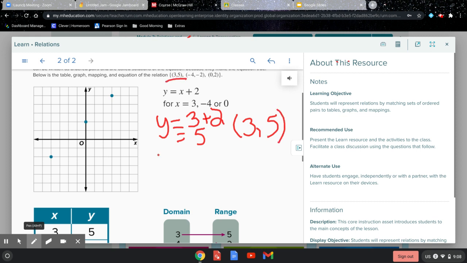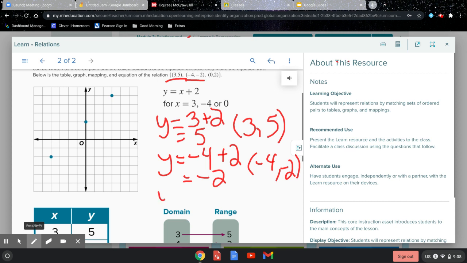If I plug in -4, if my domain is -4, my range would equal -2. So my ordered pair would be (-4, -2), which it has right there.